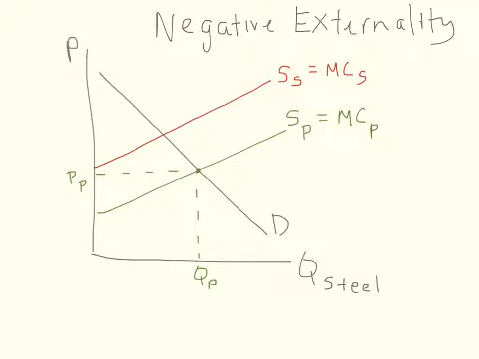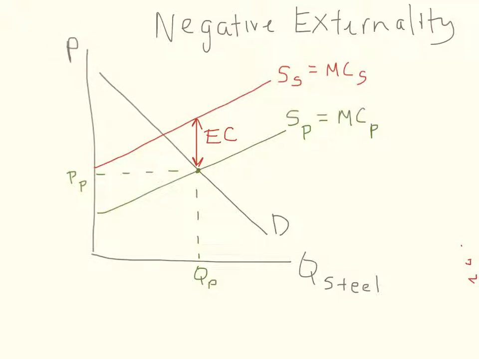All right, so now let's look at the existence of this pollution. I'm going to denote the per unit external cost of this pollution with the letters EC for external cost. And it's equivalent to this distance right here, measured on this price axis, which of course is measured in dollars.